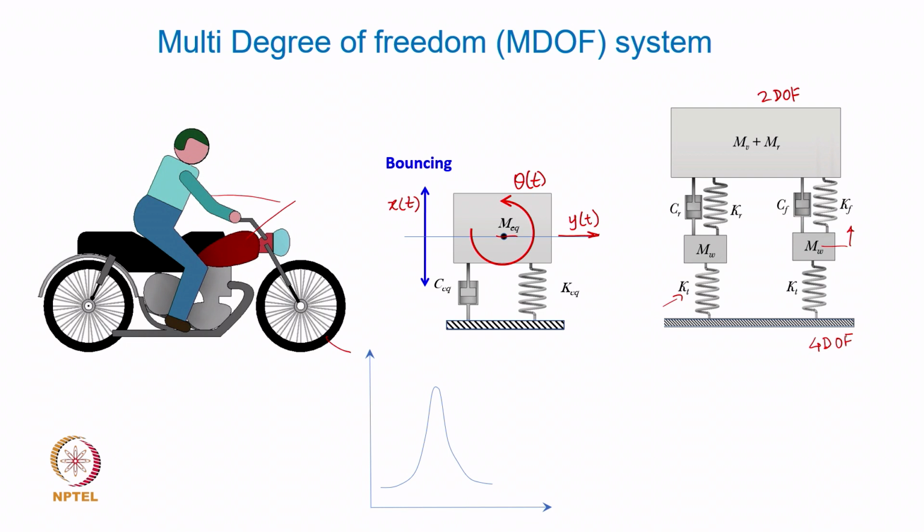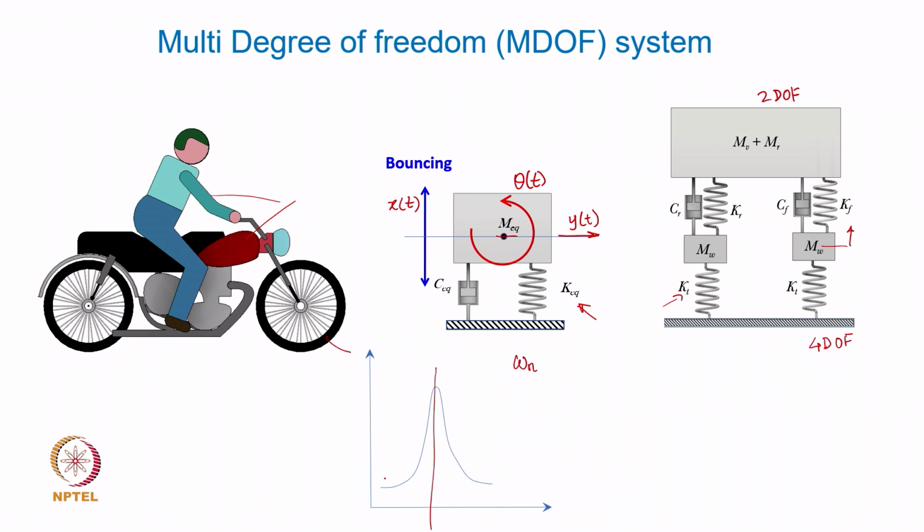Needless to say, if you have a simple single degree of freedom system like this, without any other motion but the bouncing, we have now discussed threadbare how the resonance will look. It will have a single resonance, because there is only one natural frequency.